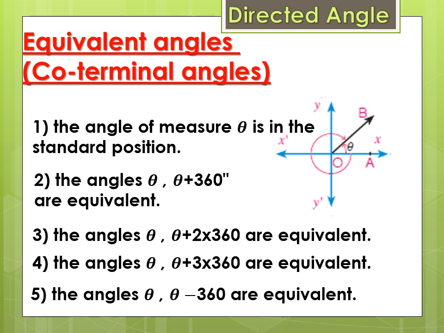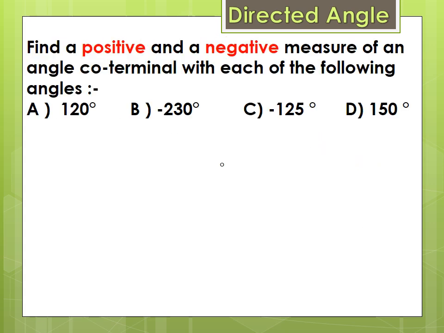So 360 minus theta or theta minus 360 to get negative because the direction is clockwise. So they are equivalent also. Why? Because I started from the initial side OA, the same initial side, and stop at the same terminal side OB.